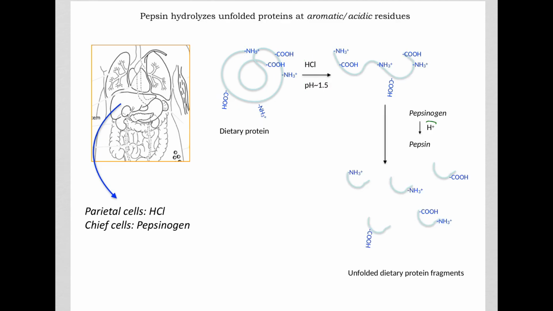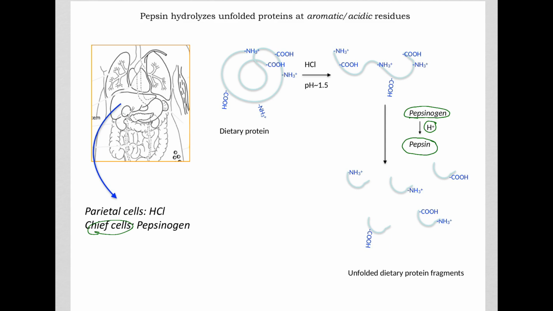The acidic environment also will make the inactive pepsinogen, which is secreted by the chief cells into the stomach cavity, become a very active enzyme called pepsin.